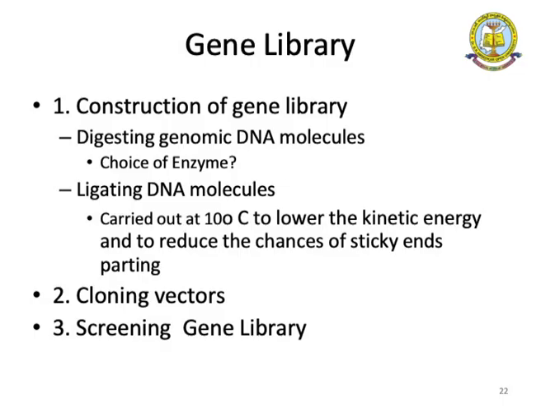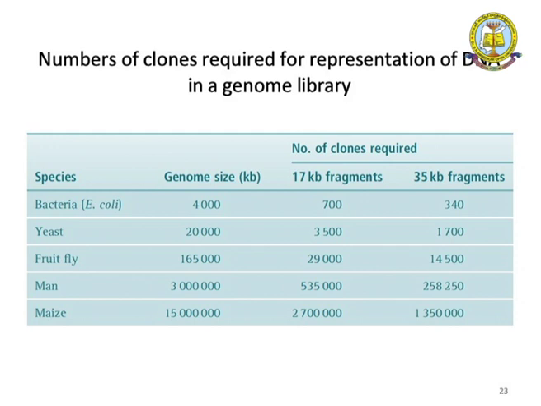It is carried out at 10°C, where lower kinetic energy is utilized and the chance of the sticky ends separating is reduced. The next step is cloning vectors, and screening of the gene library is utilized in this.